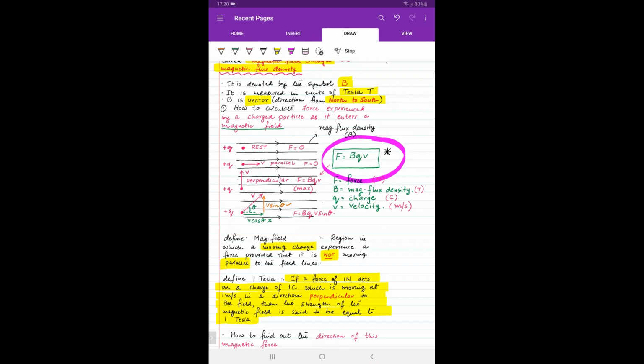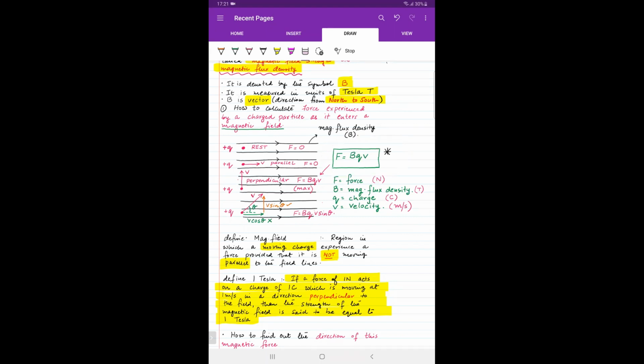So basically, the definition, I'll just read it again, is based on the formula F is equal to BQV. So if a force of 1 Newton acts on a charge of 1 coulomb, which is moving at 1 meter per second in a direction perpendicular to the field lines, then the strength of the field is said to be equal to 1 Tesla. All right.